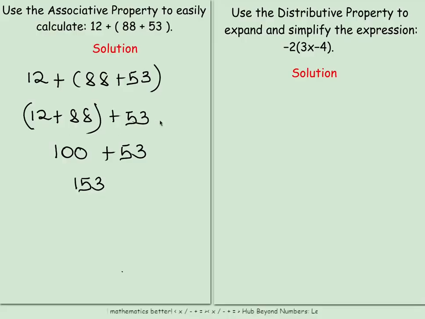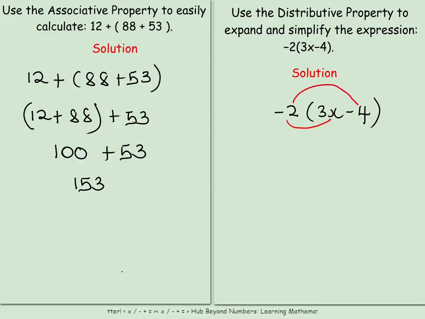For our last question here, all it asks us to do is to use the distributive property to expand and simplify the expression. And what is the expression? Negative 2 into brackets 3x then minus 4. The distributive property, what does it do? It says you should multiply the first term by what you have here and also distribute it over the second one.